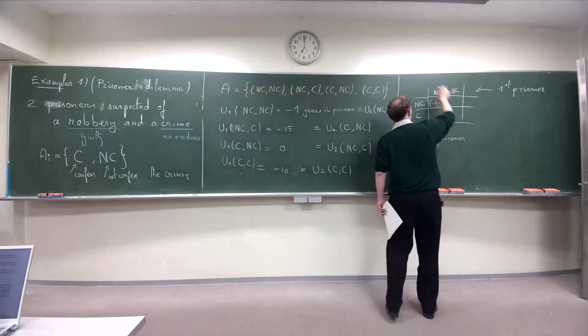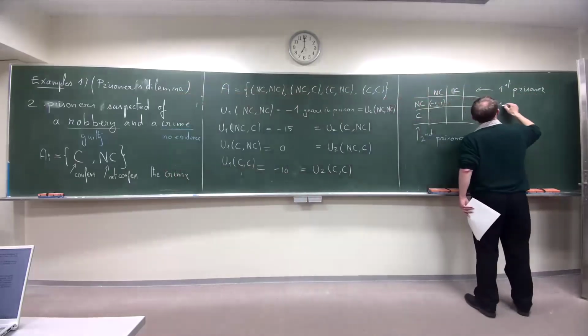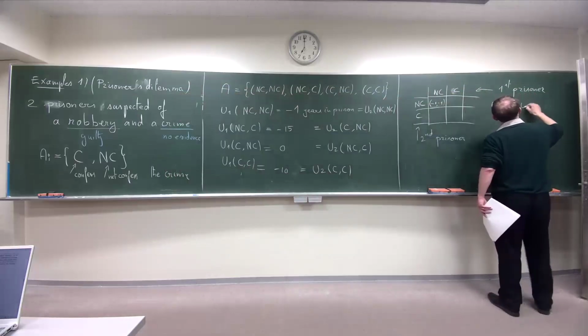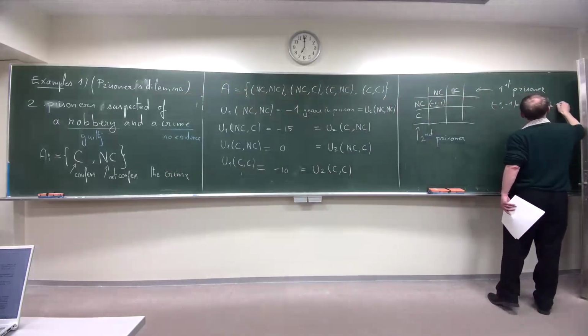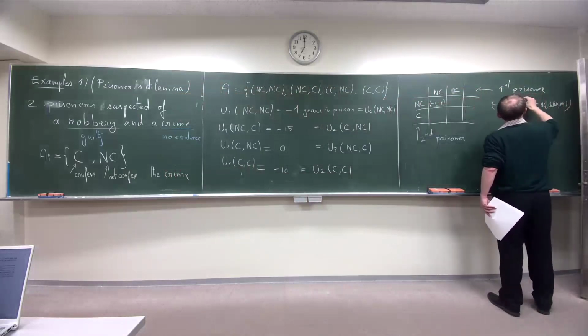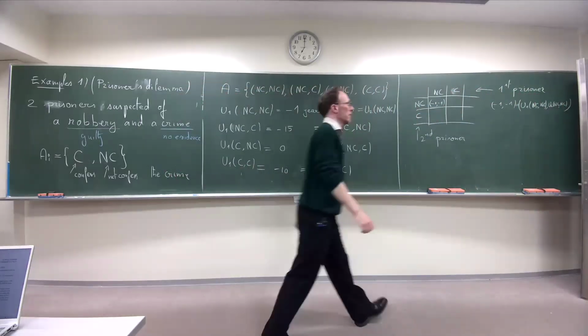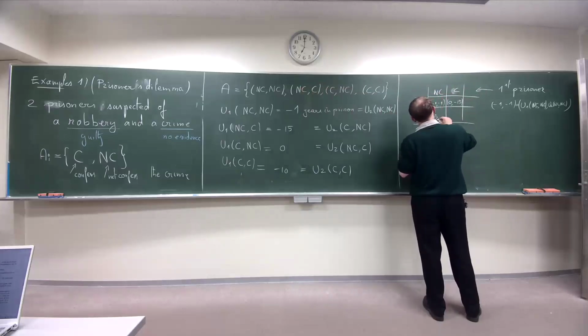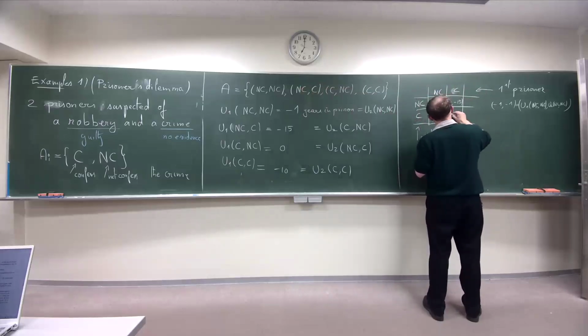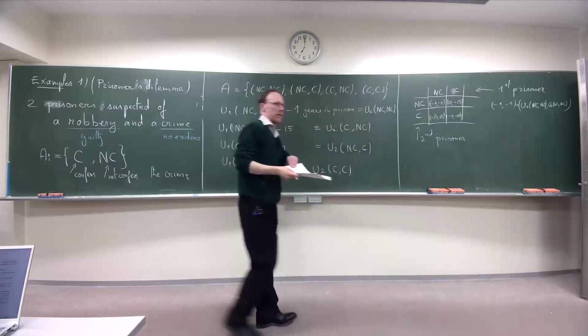This is a vector: -1, -1 is in fact U1 of NC, NC, and the second entry U2 of NC, NC. You can fill this table: 0, -15, -15, 0, and -10, -10. It contains the same information.